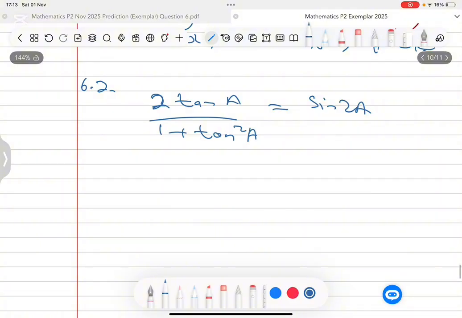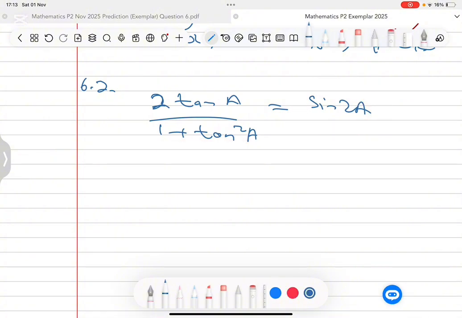A tip you should always take when proving identities is to take the side that is the most complicated, because it's the one that needs to be simplified. When we look at these two sides, we can see that this one is more complicated than this one.